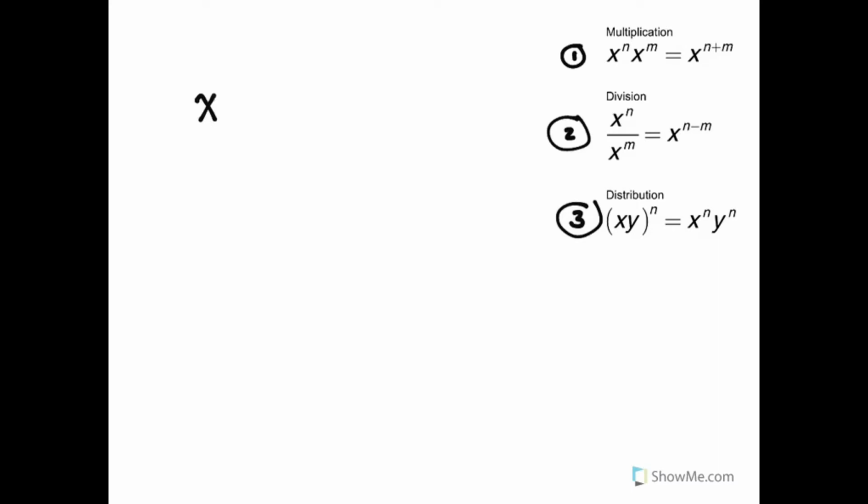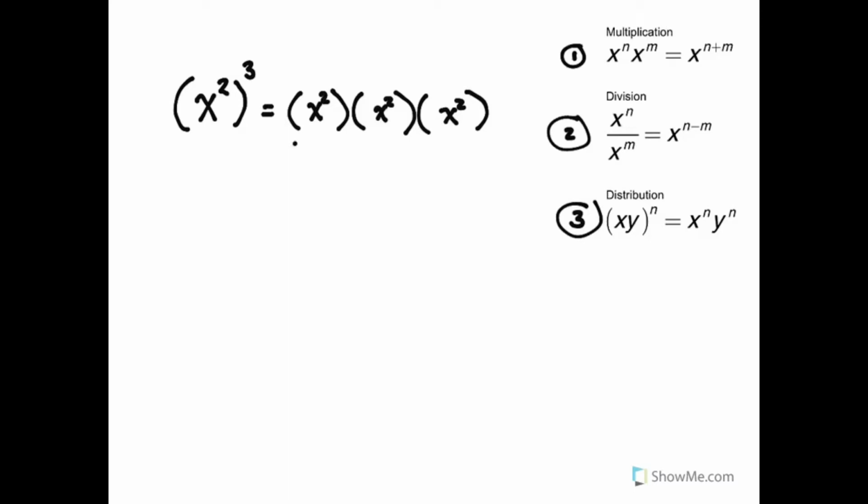Suppose we raise an exponential expression to another power. Well, the 3 outside applies to the parentheses, so it means 3 copies of whatever's in parentheses are multiplied together. That's x squared times x squared times x squared. 2 copies of x are in each parenthesis, and there are 3 copies of the parentheses in all.